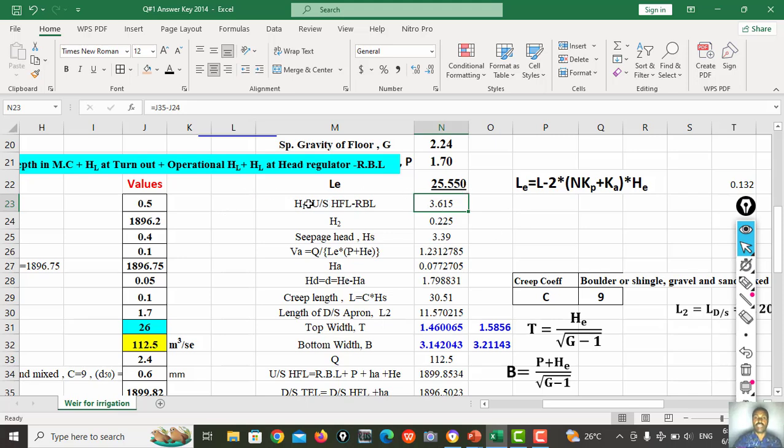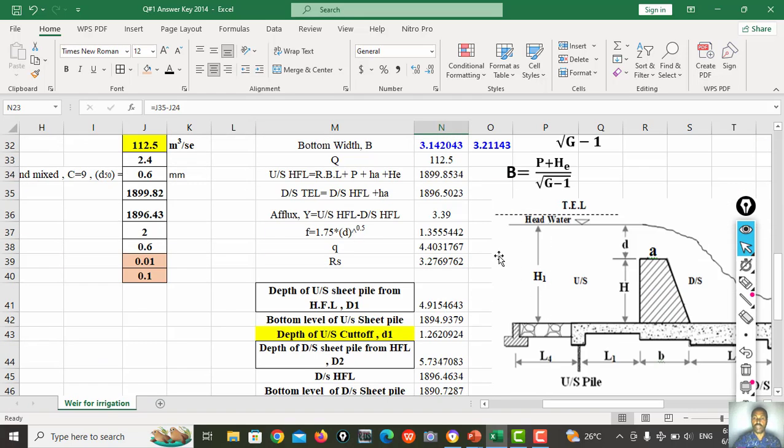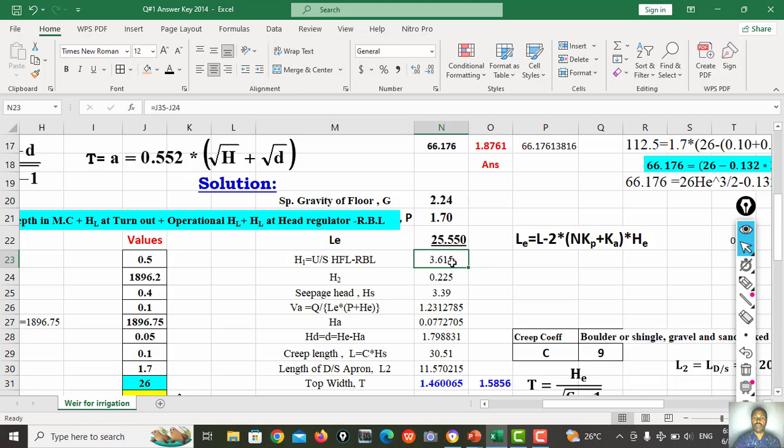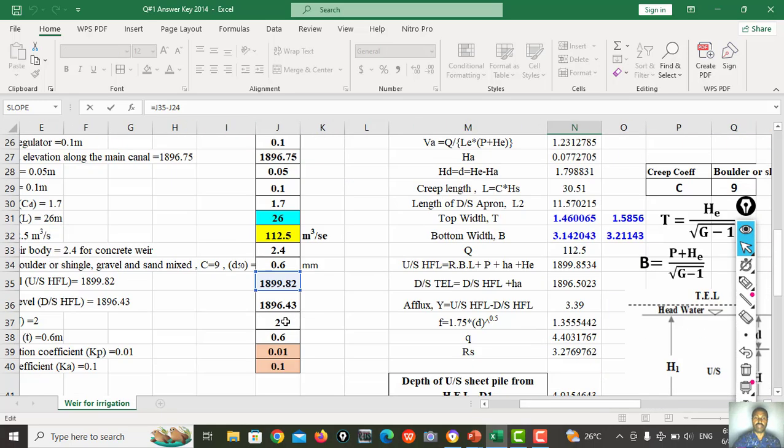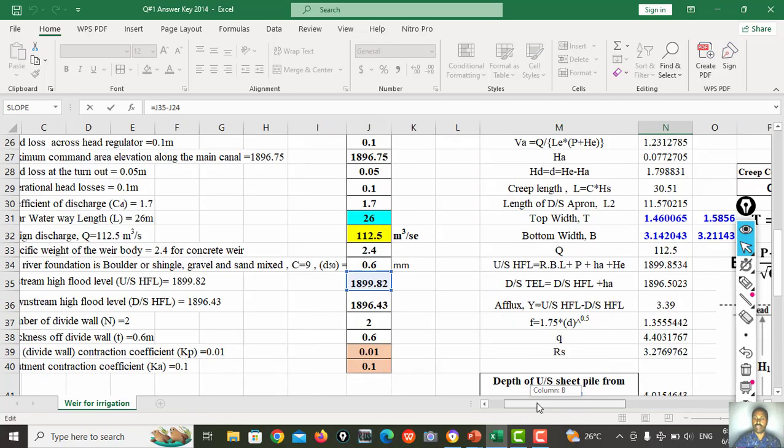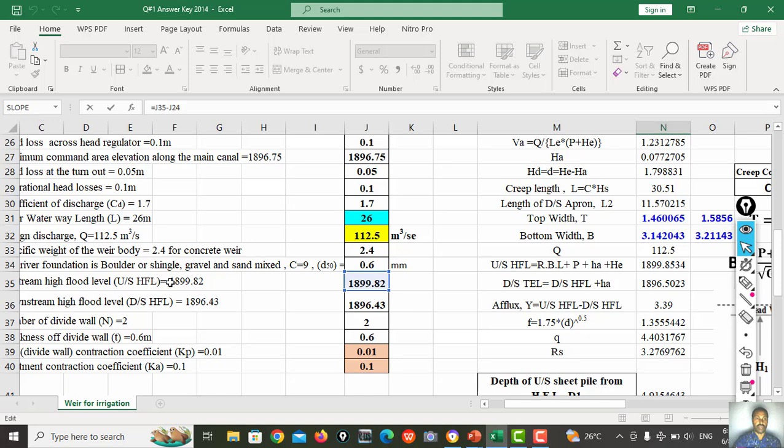Now the next step is H1, which is the upstream headwater. H1 means upstream HFL minus river bed level. So this is the upstream HFL.